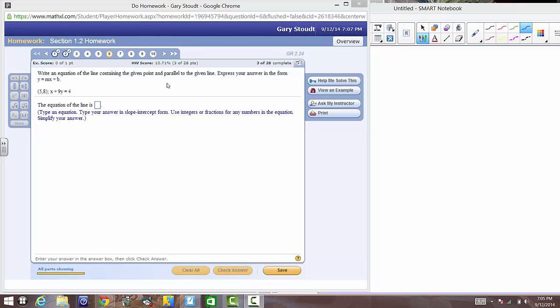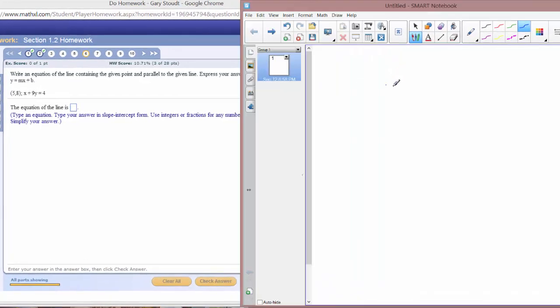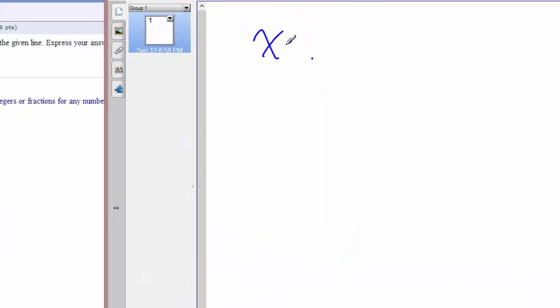Well, what this review question is getting at is if you remember how to find the slope and how to find the slope of a parallel line. So let's write down the equation of the line they give us. x plus 9y is equal to 4.